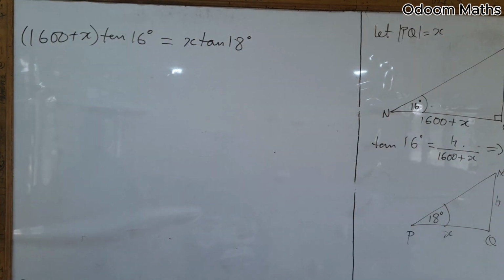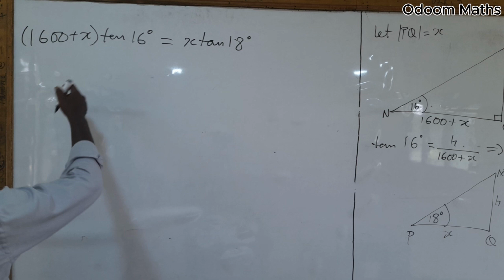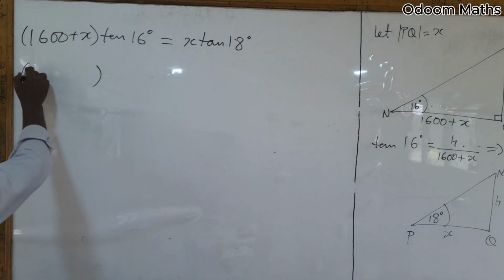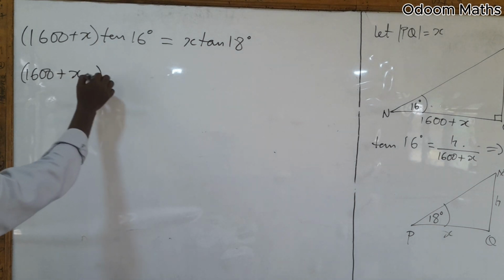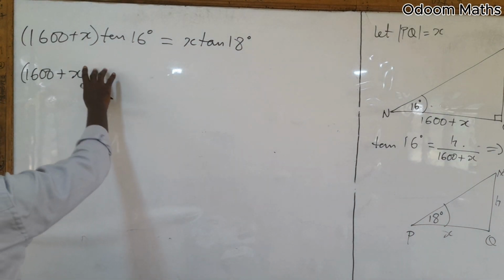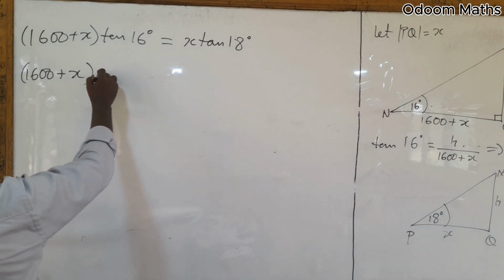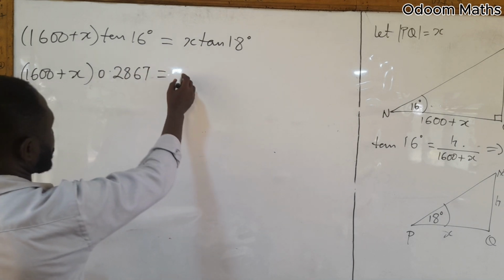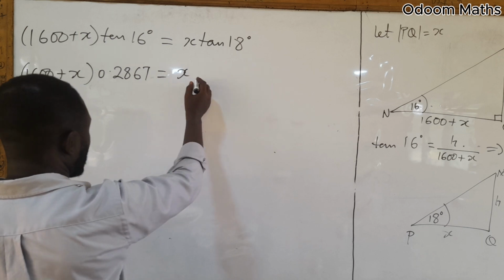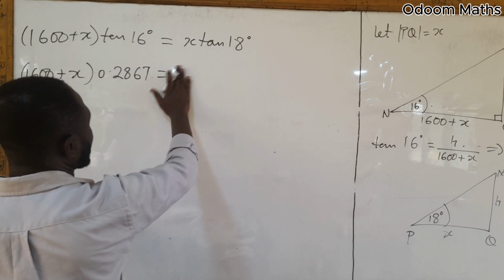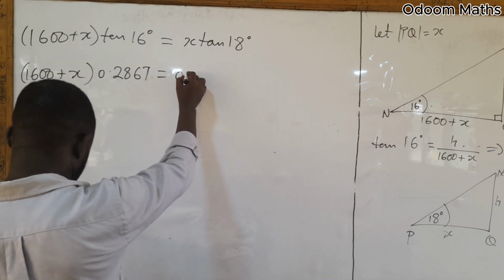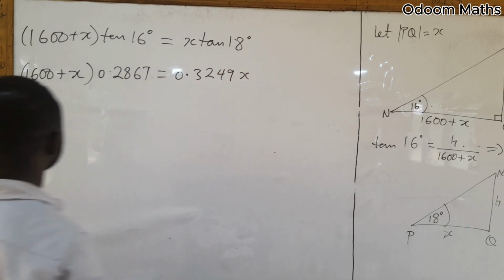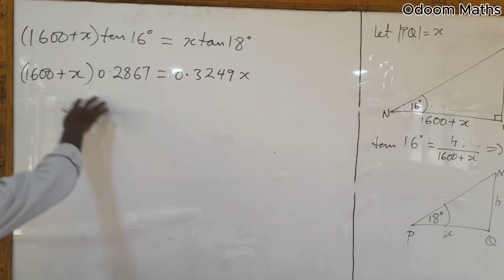Okay, so tan 16 is, let me write this first, 1,600 plus x, and this tan 16 is 0.2867, and this is equal to x tan 18, and tan 18 is 0.3249, then times x.